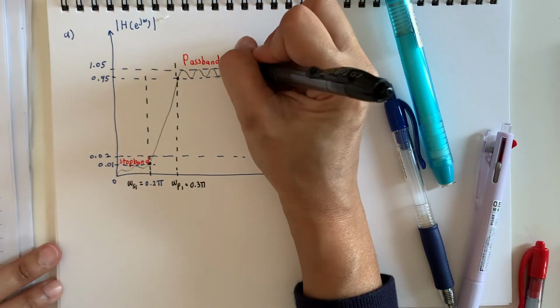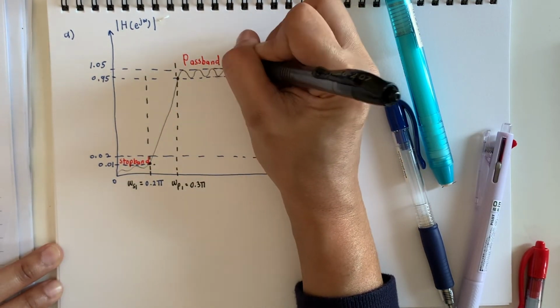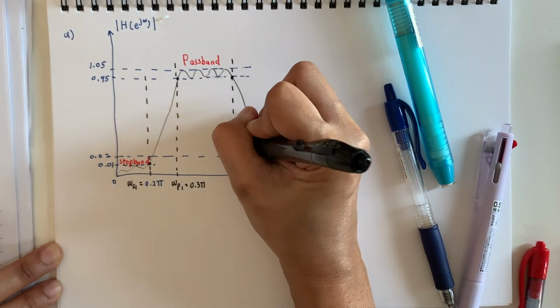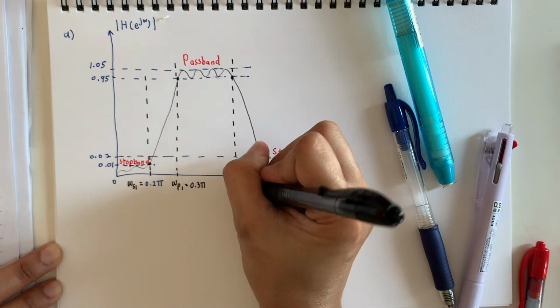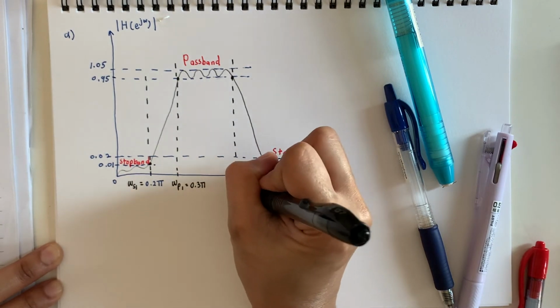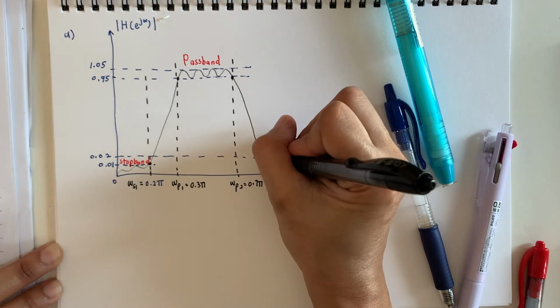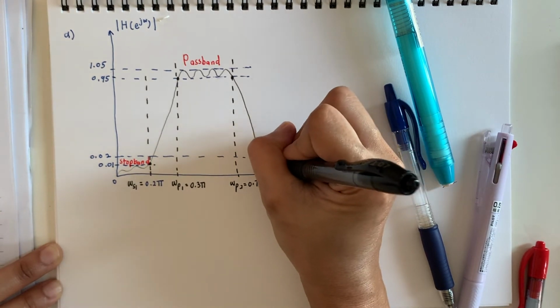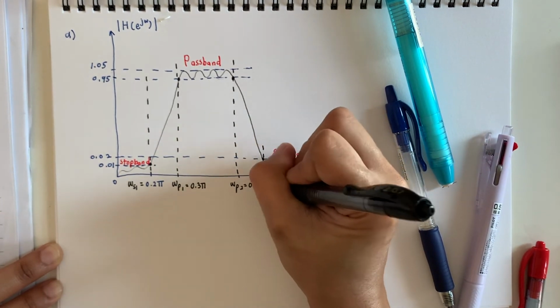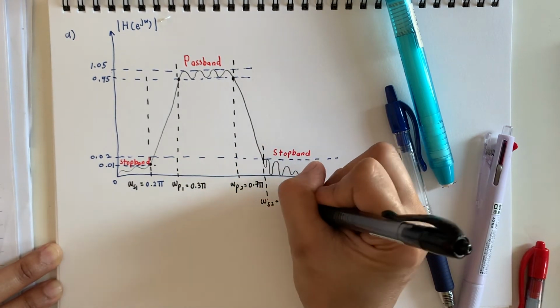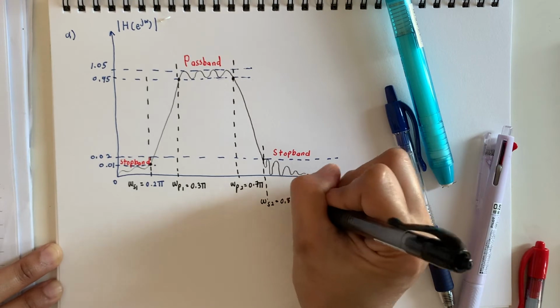Then we have our second passband, and then our second stop band value, which is at 0.8 pi.